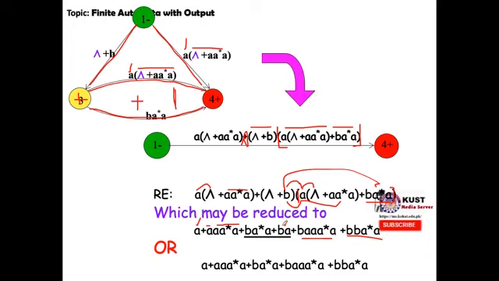And here we can see there is something common: B A star A plus BA is equal to B star A. So this is reduced like this, and eventually it becomes the regular expression like this.